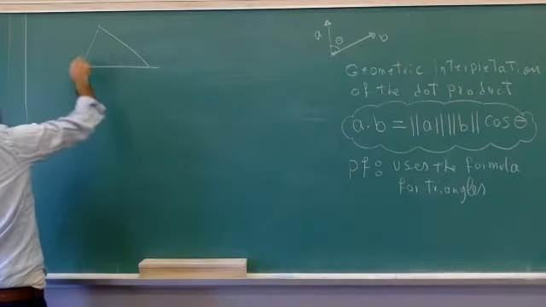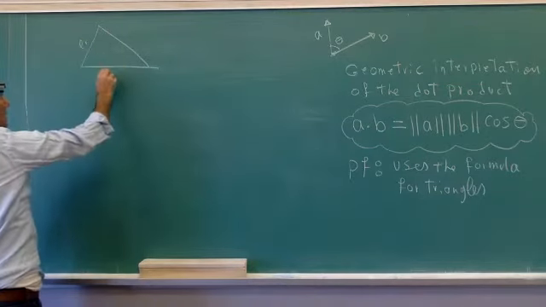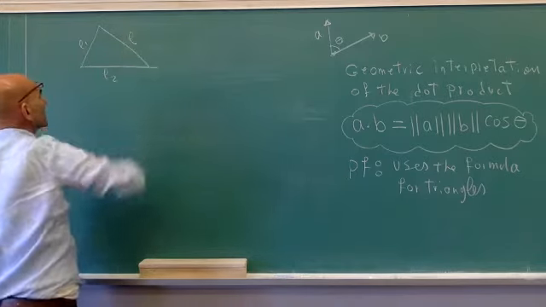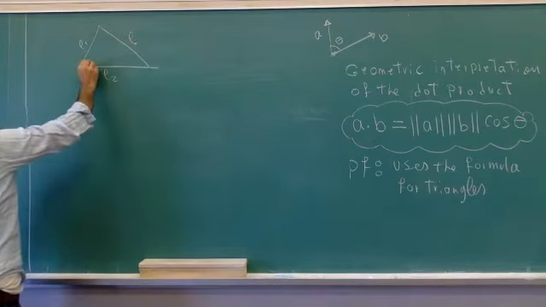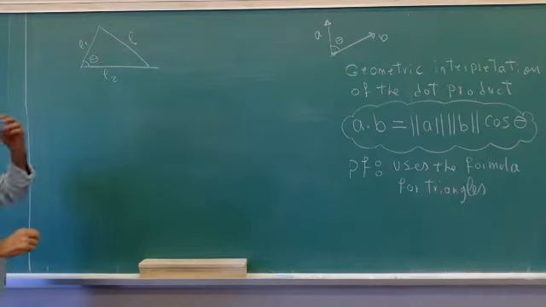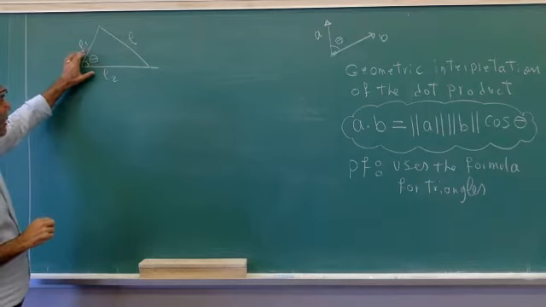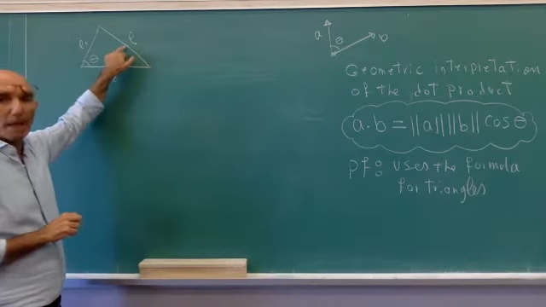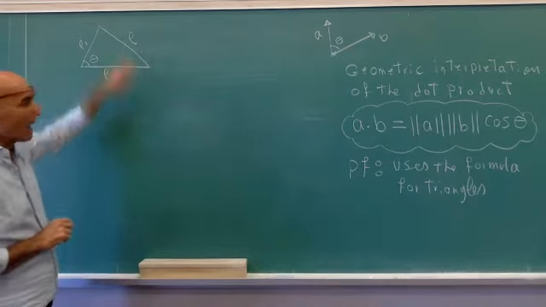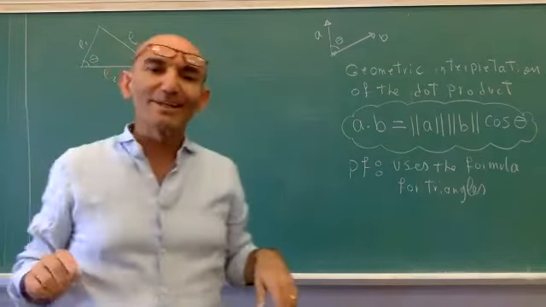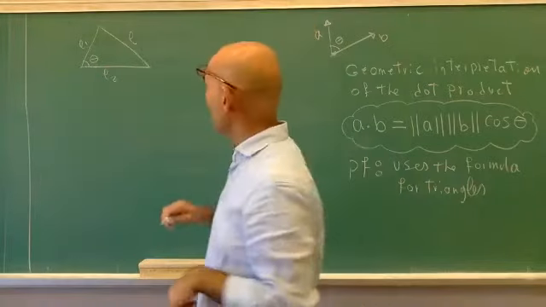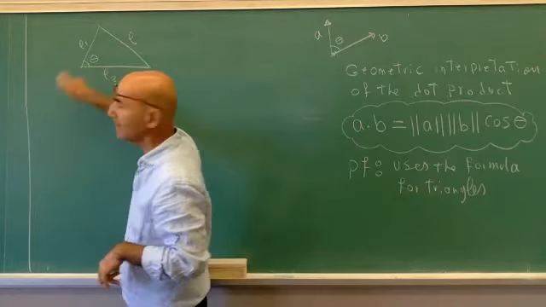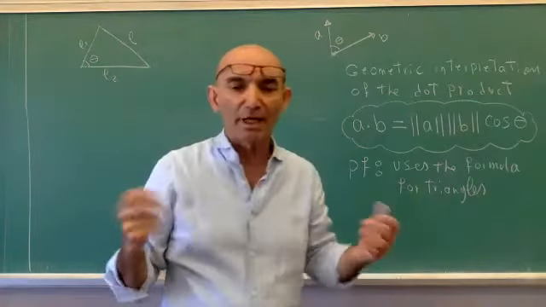Imagine this side has length L1, this has length L2, and this has some length L, and there is this angle theta here. So the question is, if I know L1, L2, and theta, can I know L? At least in one case, you know that, right? In what case can you easily tell me what this length L is based on L1, L2 and theta?